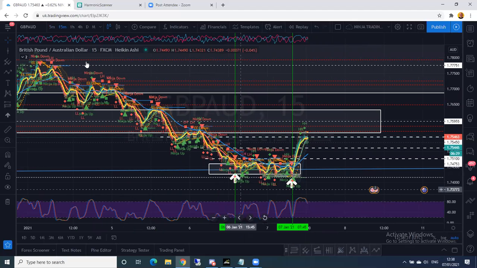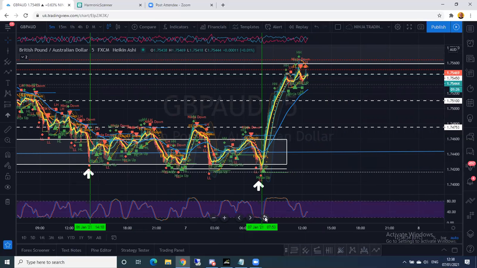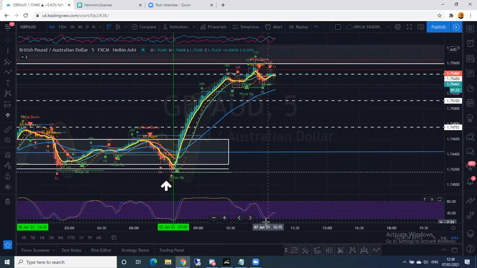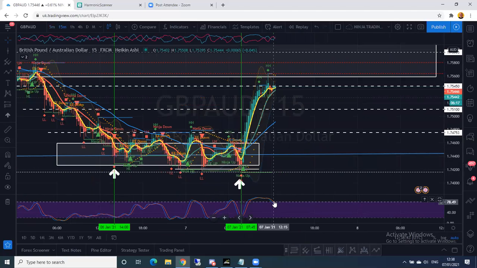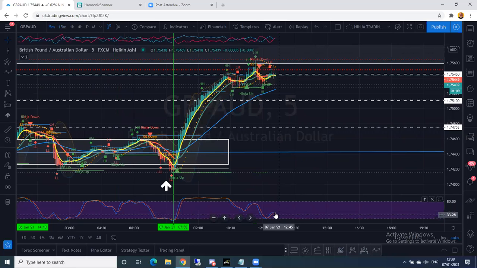As long as that's also in the same place on the 15 minute. So where we're at right now, let's reset the chart. We've had the stochastic down low on the 5 minute, but on the 15 minute it's at the top. So I wouldn't necessarily get into a trade right now, because we may get the stochastic pushing down again, and then it might start pushing up.